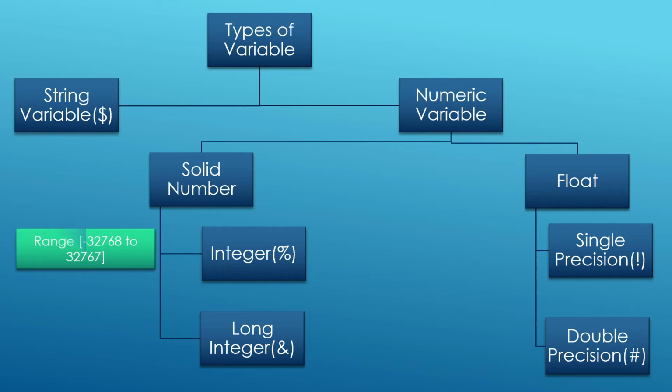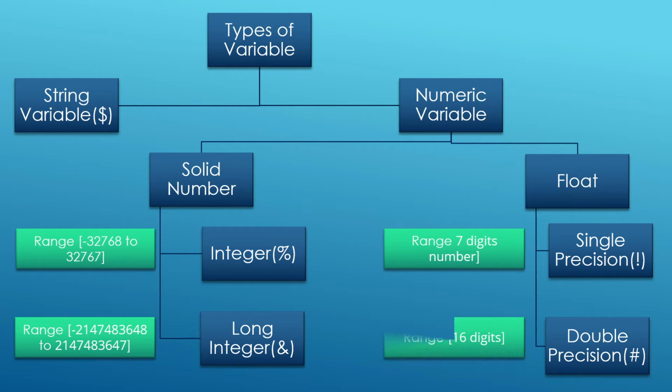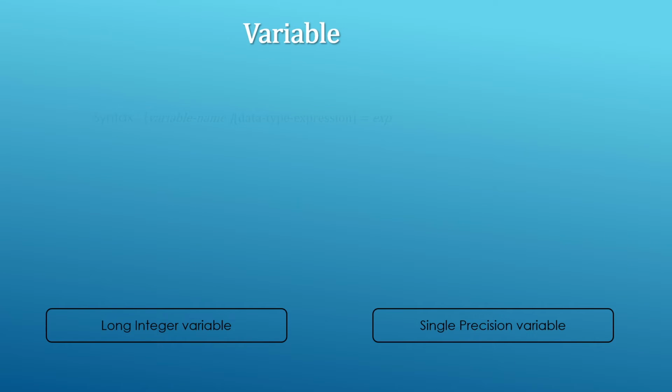You can see the range of each variable, with positive and negative numbers. There is a long integer range, and in the single precision there are 7 digits, and in the double precision there is a range of 16 digits. As you can see, this is the syntax of the variable.